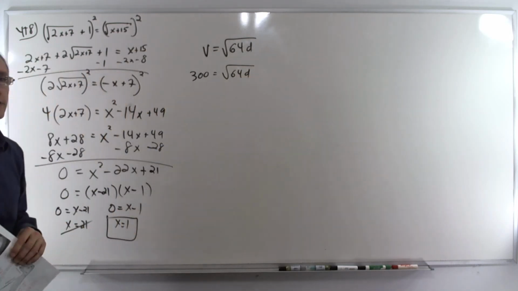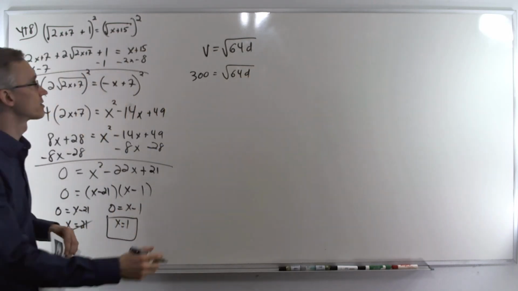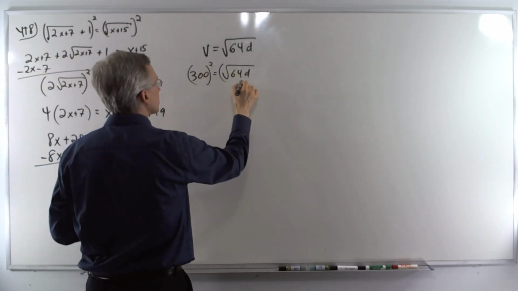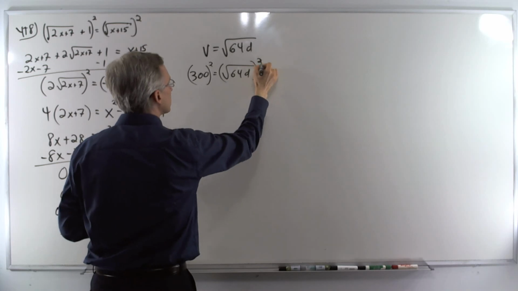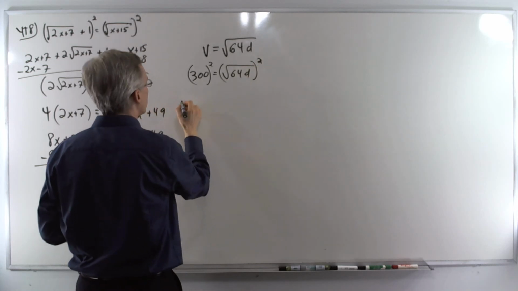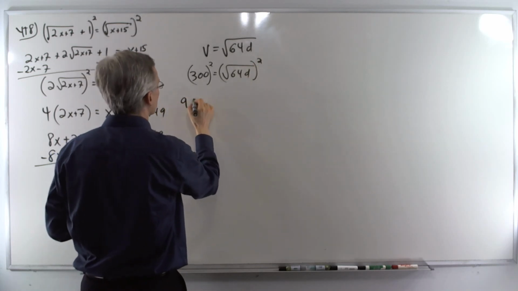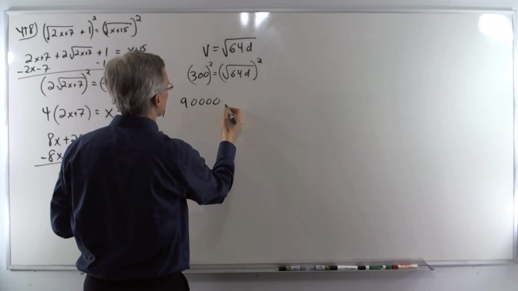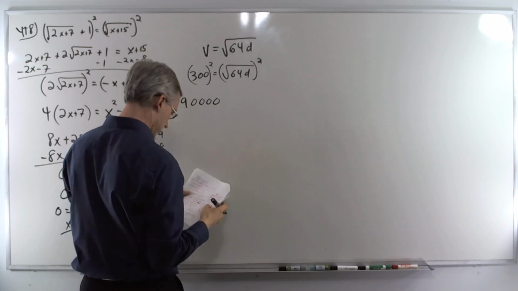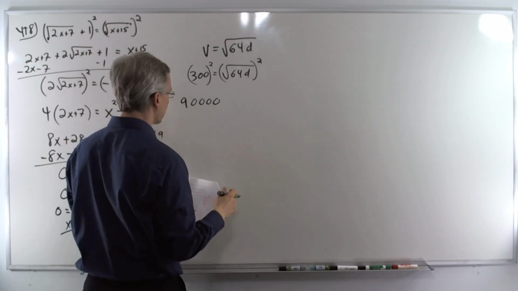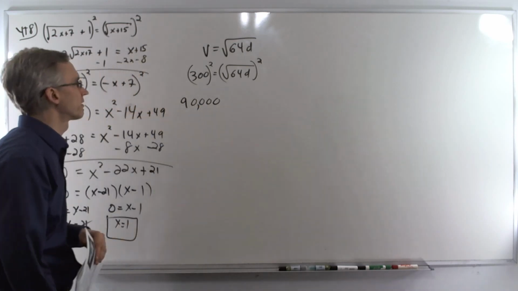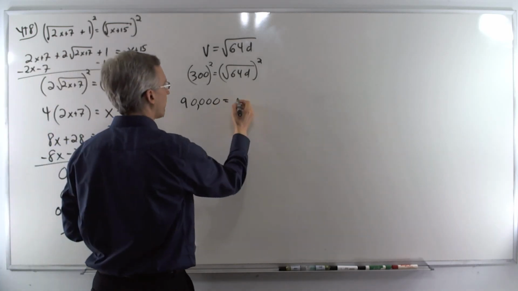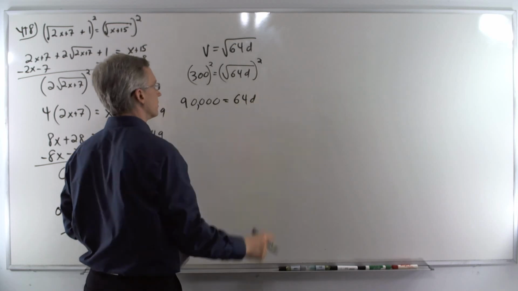Now we can use the techniques we've learned so far to solve this one. We're going to get rid of that radical by squaring both sides. So 300 squared is 90,000. So 90,000 equals, now we'll cancel the radical and the power, so we get 64d.